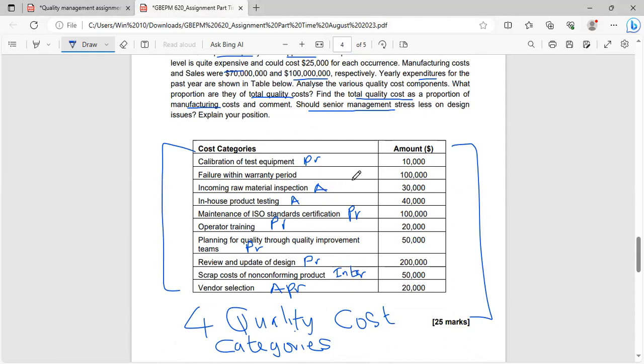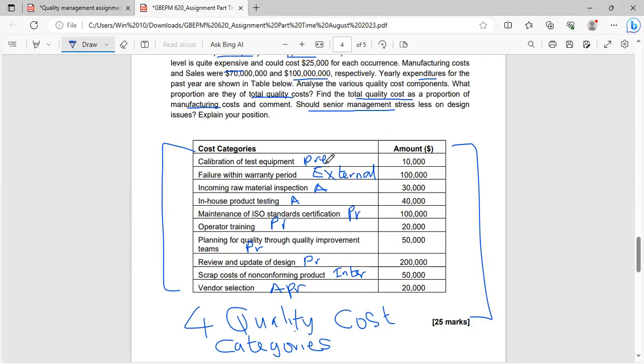Then the remaining ones belong to external failure cost. Failure within warranty period is external.